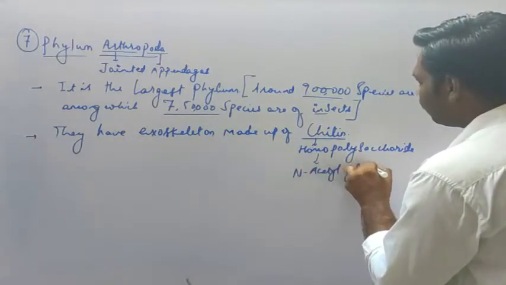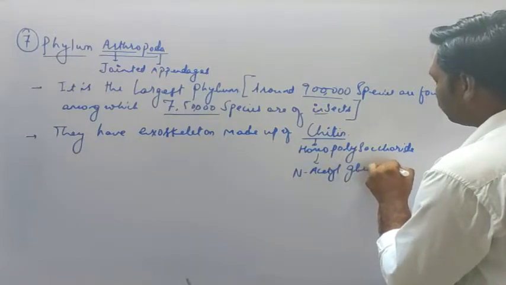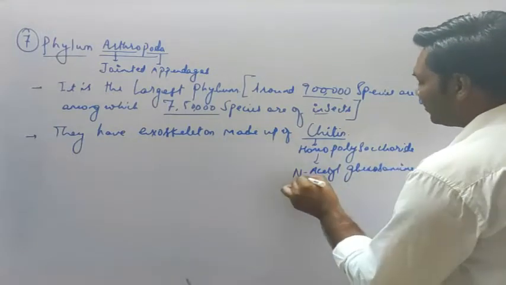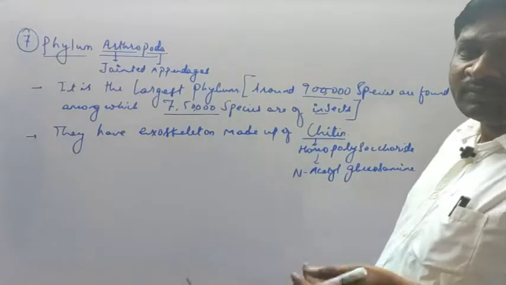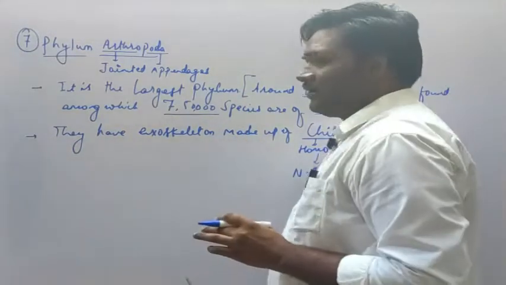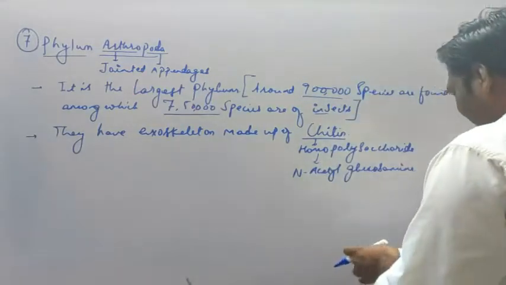So this is the chemical composition of this homopolysaccharide, chitin, which is found as an exoskeleton in the case of insects.